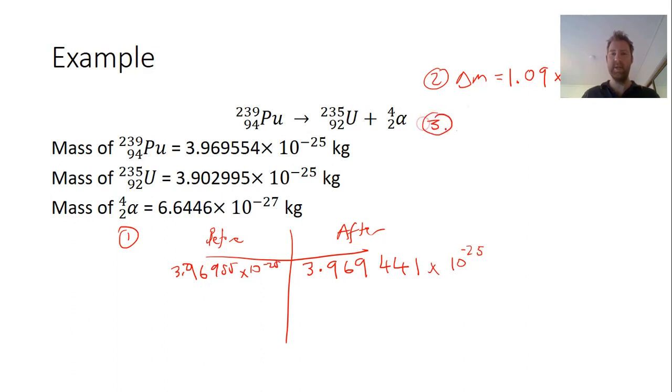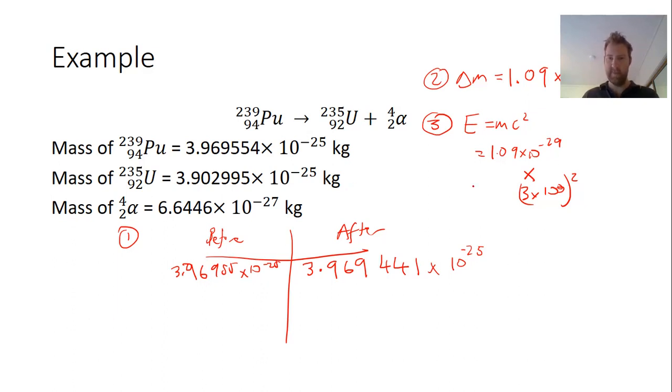Then I can work out my energy from E equals mc squared. So 1.09 by 10 to the minus 29 times c, which is 3 by 10 to the 8, squared.